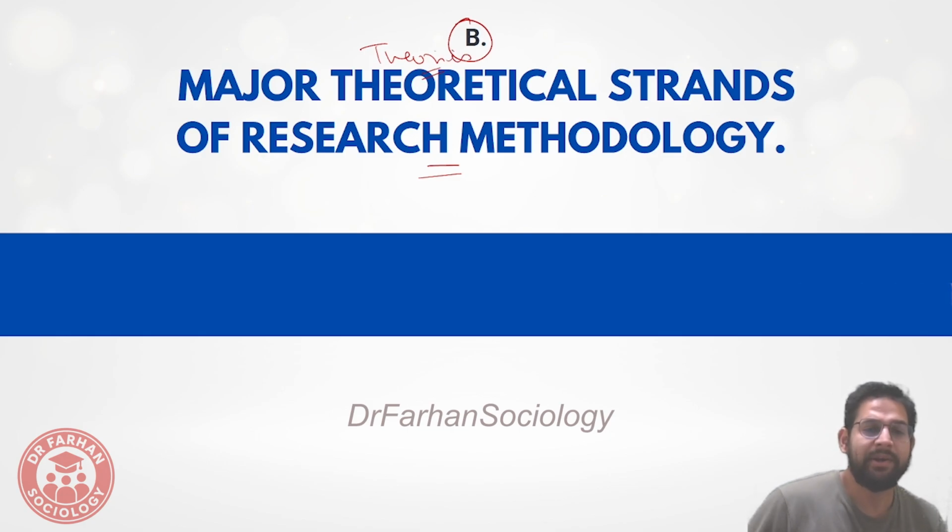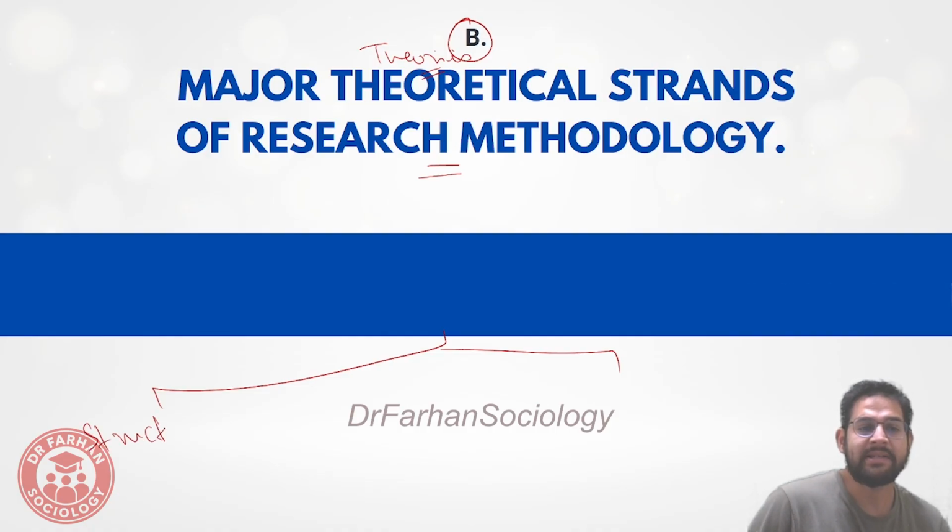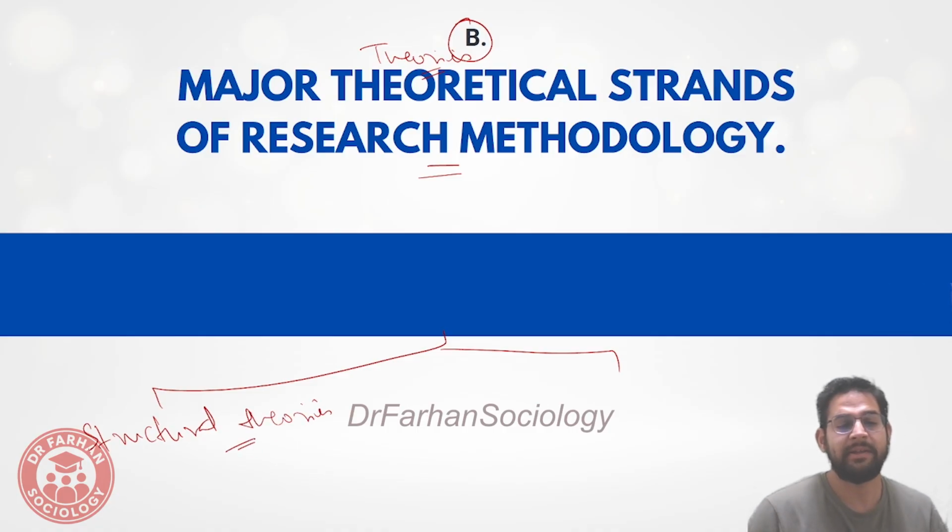So we try to divide these into two forms of theories. Those theories which look at large phenomena all together are called structural theories. They look at the bigger picture, the macro phenomena.